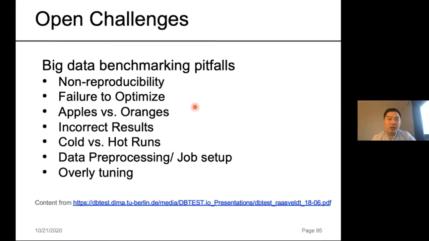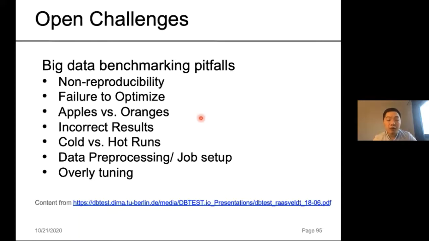So this means a comparison is not fair, and we compare totally different systems to get the results. For example, if we use an in-memory system to compare with disk-based systems, the results are meaningless and not convincing.